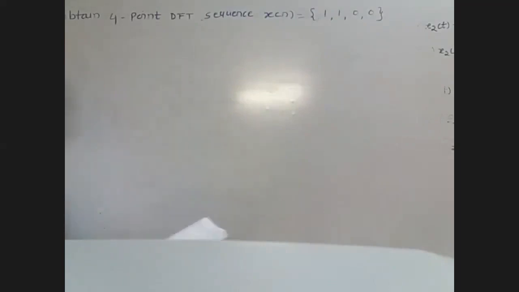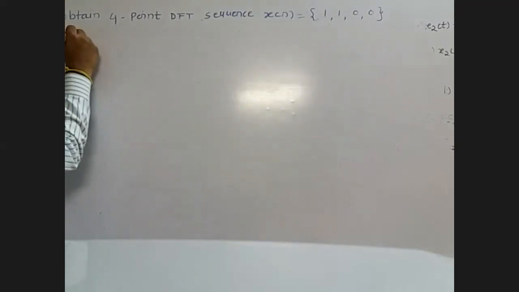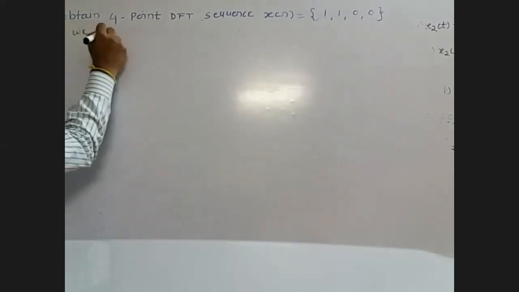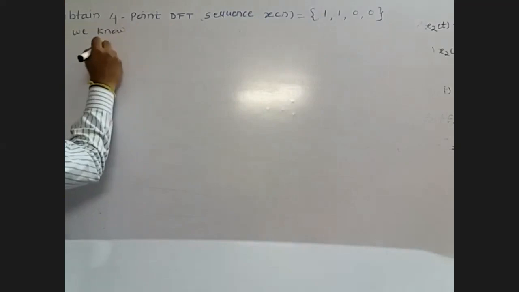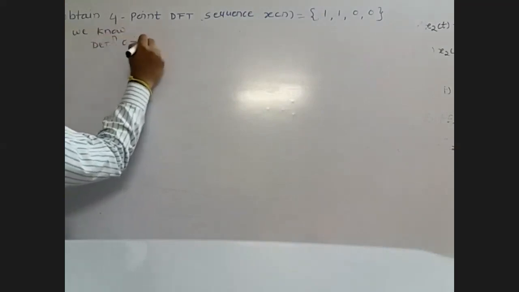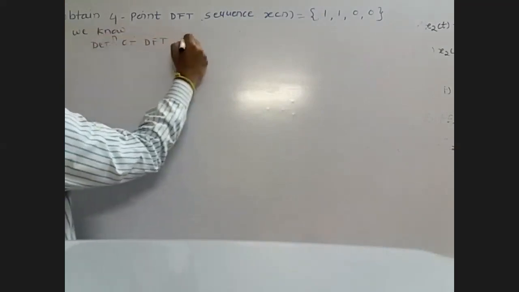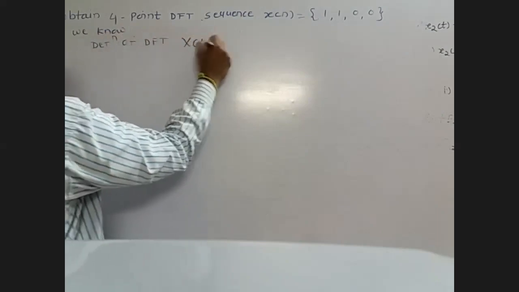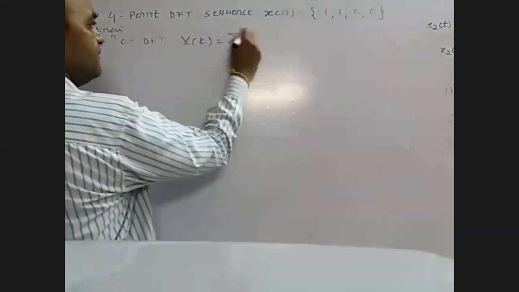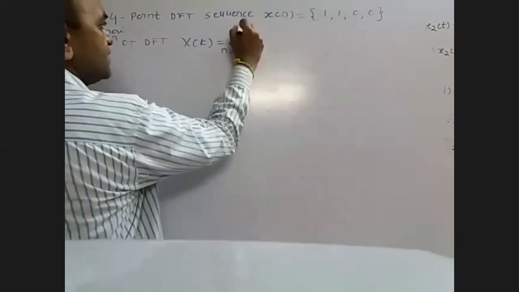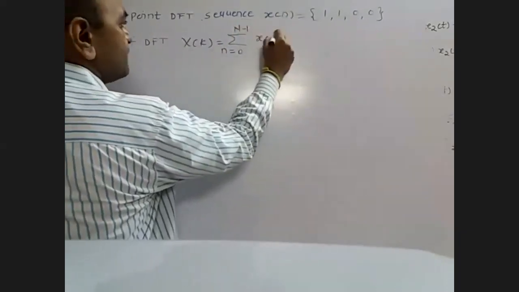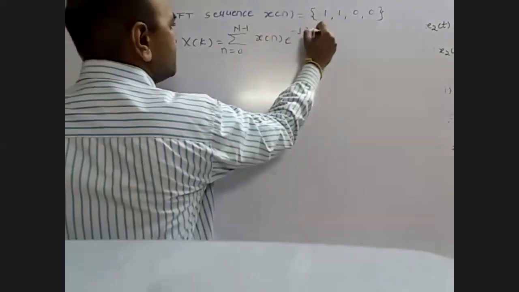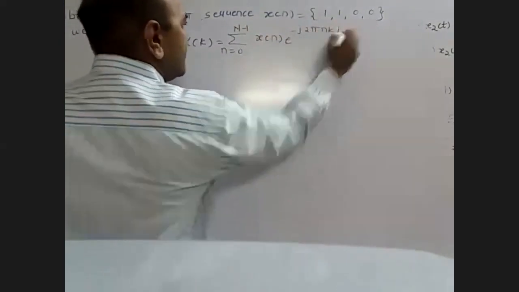Now to solve it, we first find the definition. We know the definition of DFT. What is the definition of DFT? That is X of k is equal to summation of n equal to 0 to n minus 1 x of n e raised to minus j 2 pi n k by n.